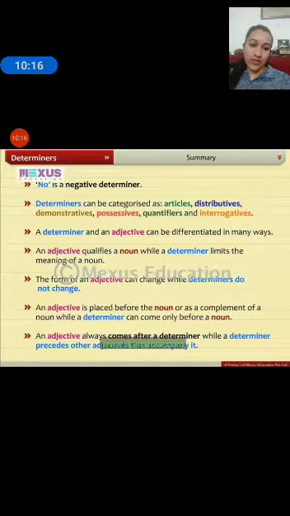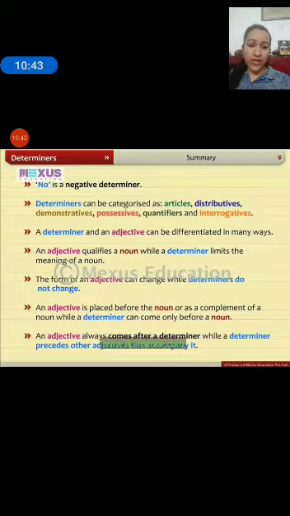Okay. An adjective is placed before the noun or as a complement of a noun, while a determiner can come only before a noun. So an adjective can be placed in the complement part of the sentence also, like we did in the previous chapter. But a determiner will never be placed as a complement. Okay. So there are only two places for the determiner to exist in the sentence.